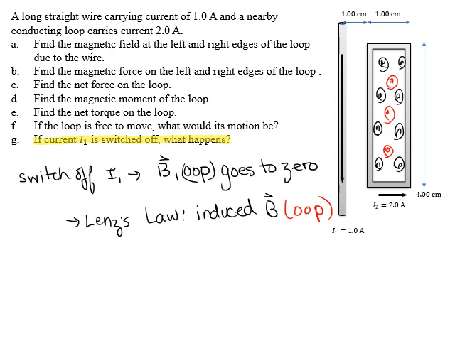Okay, what kind of current does that induce? Well, the kind of current that induces is going to come around counterclockwise, and your right-hand rule shows you that that's true. So induced B is out of the page, induced current is counterclockwise. Well, that loop already has a current that's counterclockwise.